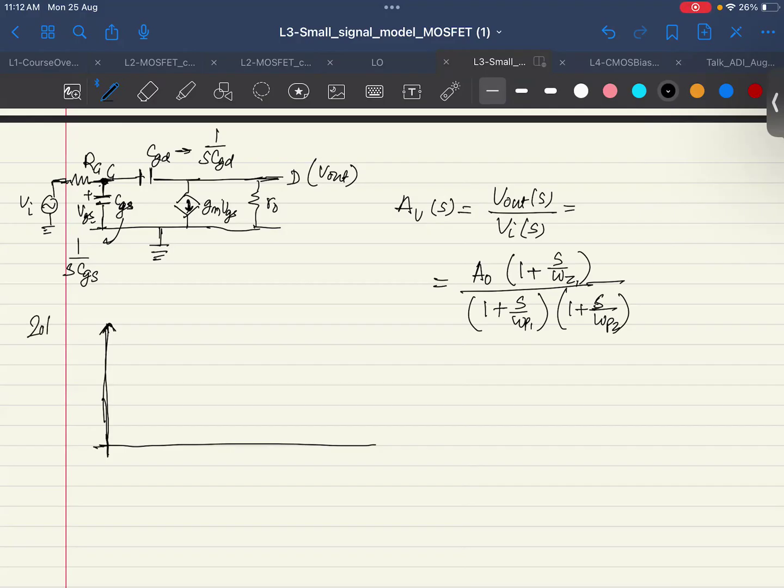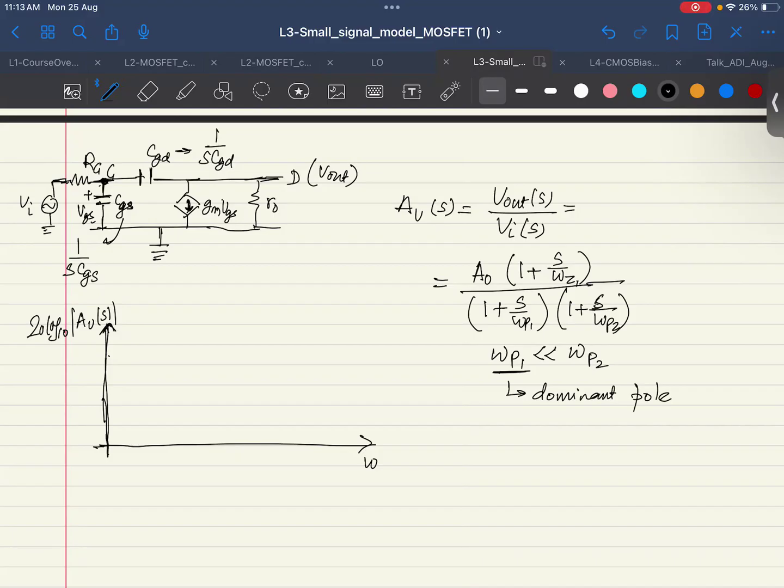And you can look at how that is changing. So let's say, for example, I am just assuming that omega p1, which you are having here, is much smaller than omega p2. So this is called the dominant pole, right? Because it's coming first, obviously.